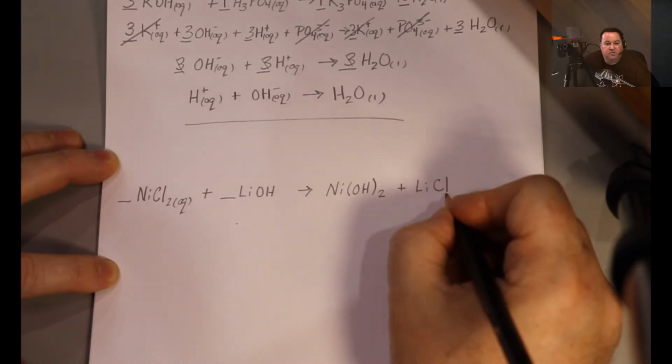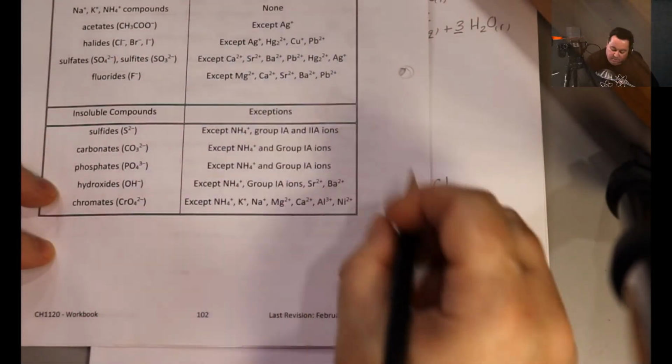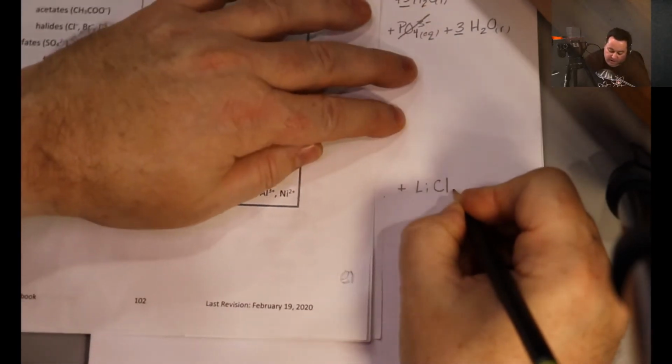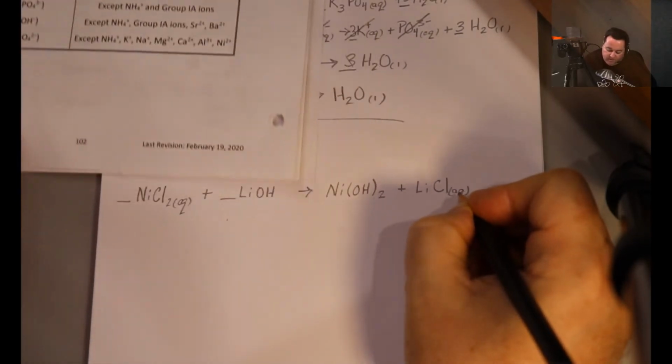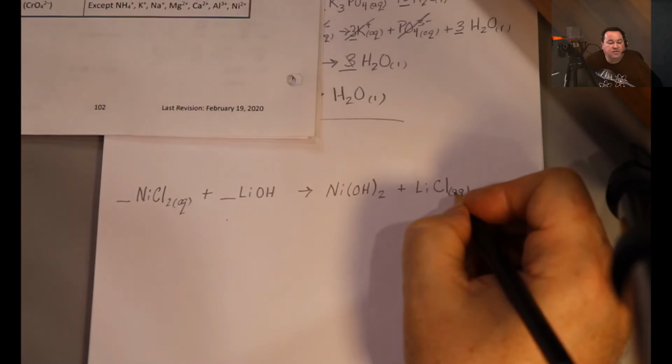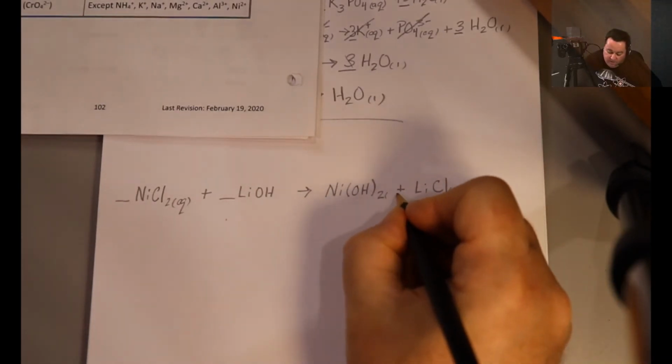Now you need to use your solubility rules, and you need to check these. Chlorides are usually soluble. Lithium is not an exception, so this one is aq. We know in this type of double displacement, if it's not a neutralization and we don't see a precipitate, then there's no reaction.